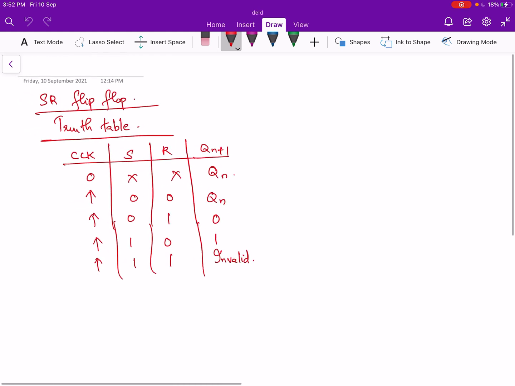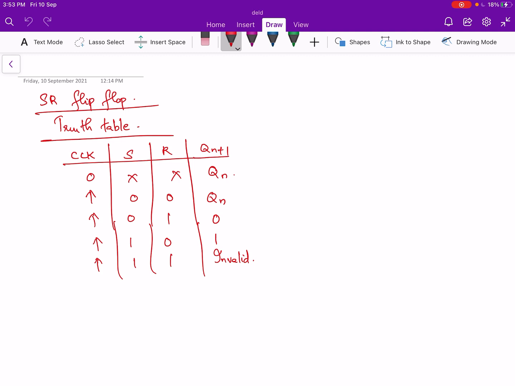So this is the truth table of an SR flip-flop. As you can see over here, if there is no clock, then whatever be the values of S and R, the output Qn plus 1 will be equal to Qn. That is, it acts as memory or hold. In all the other four cases, clock input is present, and I am showing a positive edge triggered clock pulse over here.